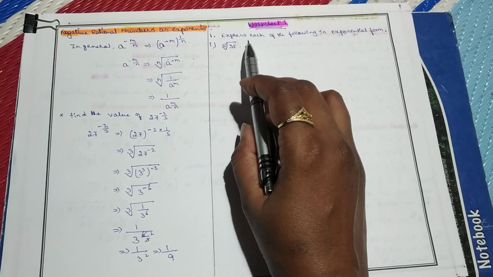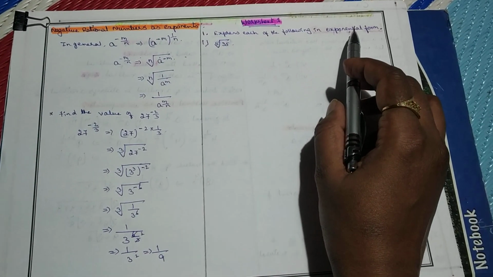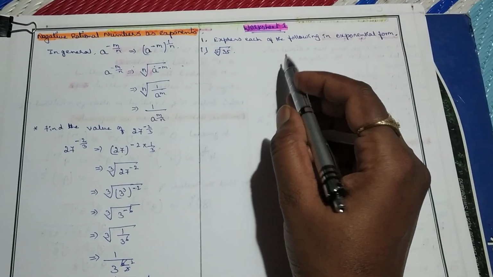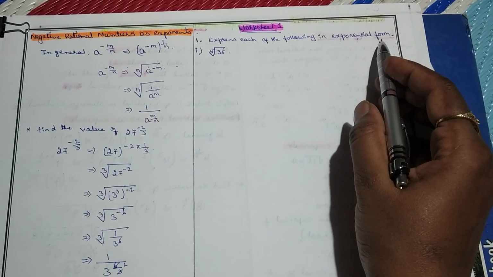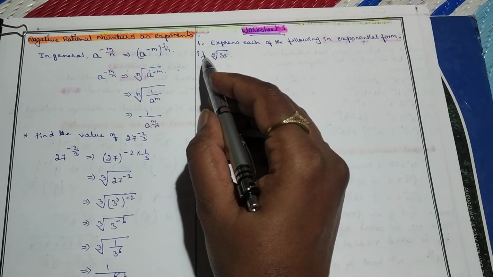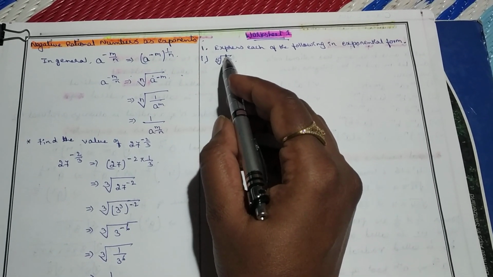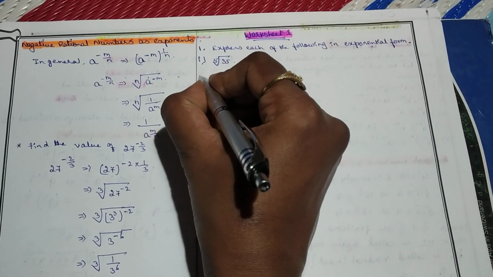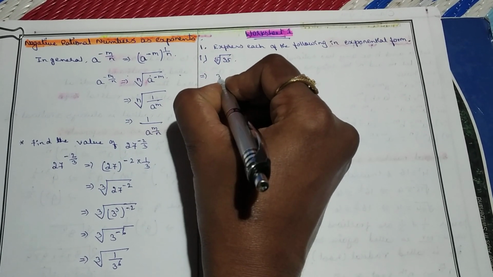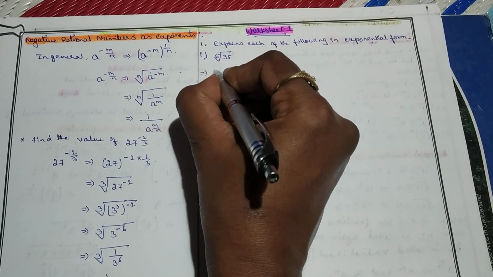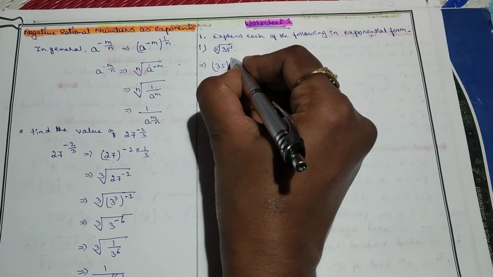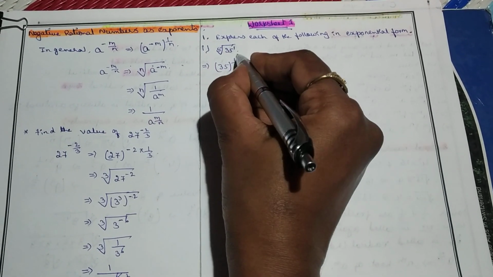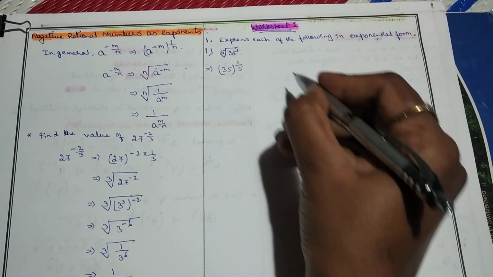First question: express each of the following in exponential form. So here you want the question to be expressed in exponential form. The first question given is 5th root of 35. So 5th root of 35 can be written as 35 to the power of, here the 35 has power 1, so 1 by 5. So this is in exponential form.